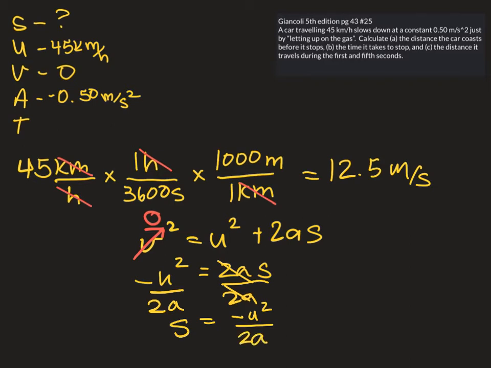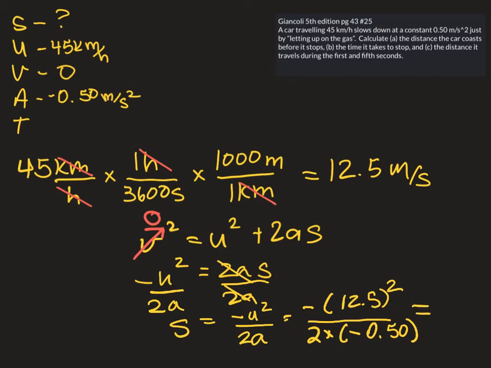If I put my values inside, and remember that negative is in front of the u squared, so it's going to stay negative, I'll have negative bracket 12.5 squared over 2 times, don't forget this is a negative sign, negative 0.5 meters per second squared.